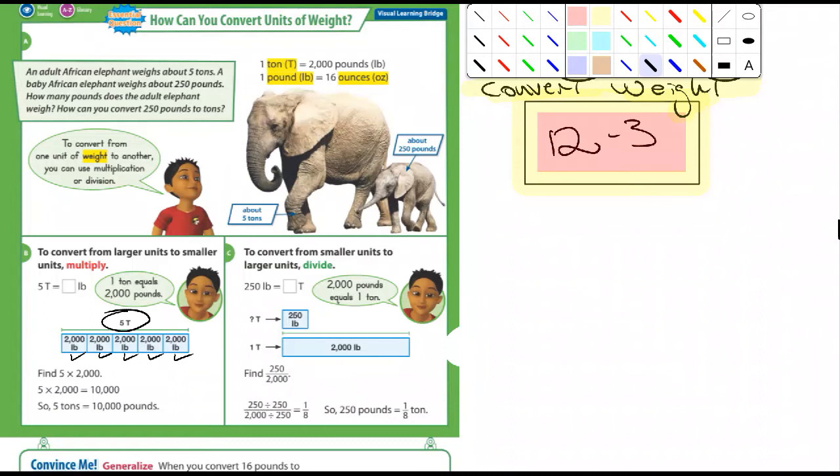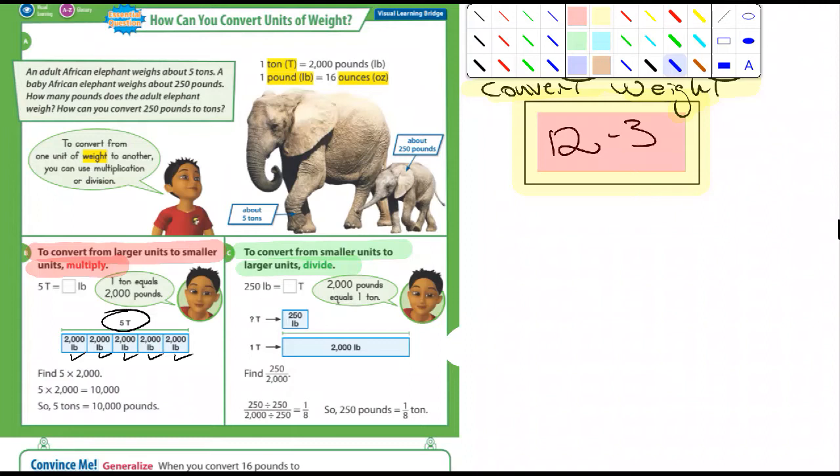And the same thing is going on when we convert from a larger unit to a smaller unit, you multiply. When you convert from a smaller unit to a larger unit, I don't know if I said it right the last time, you divide. So from larger to smaller, multiply. From smaller to larger, you divide. And that's what we've been doing here for the last few days.